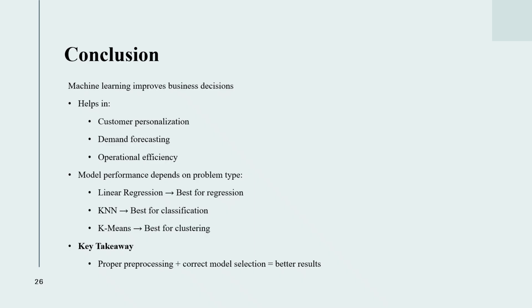Without clean and well-prepared data, even the best models may not perform well. We also learned that selecting the right model based on the problem type is crucial for achieving accurate and reliable results. The most important takeaway from this project is that successful machine learning depends on both proper data preparation and appropriate model selection.